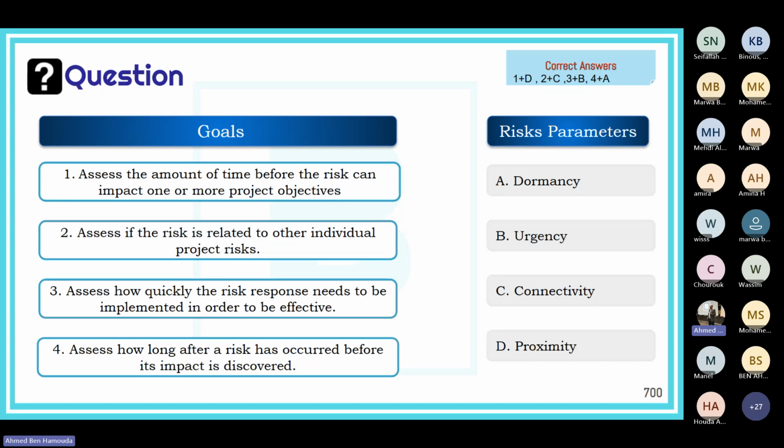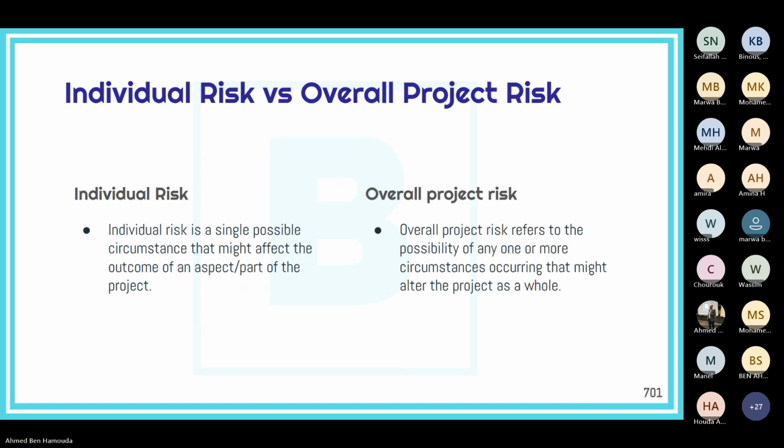I have also recorded this question in one of my previous videos about drag and drop questions in the PMP exam. And we know that these terminologies are also present in the RMP exam. Now, what's the difference between an individual risk and an overall project risk?